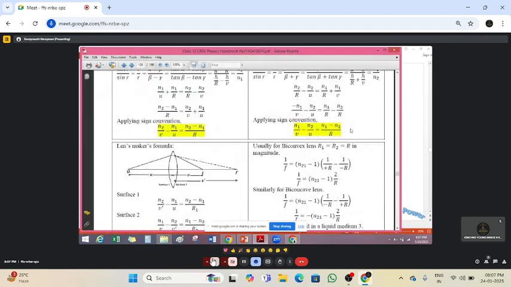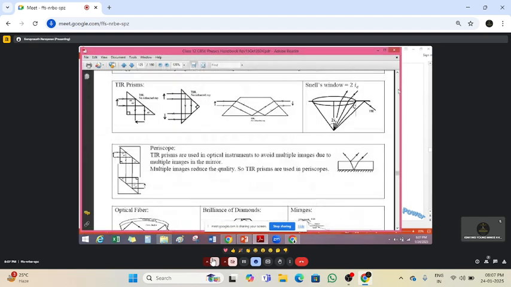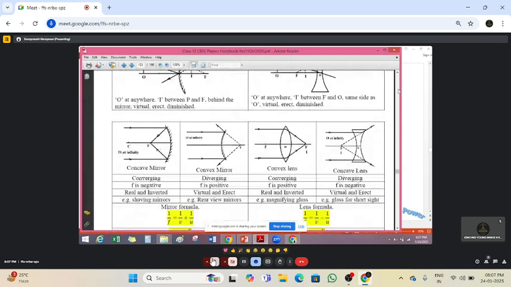So go to the handbook, I keep telling you to read the first 2 pages.